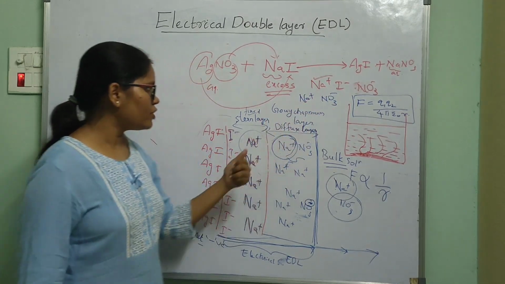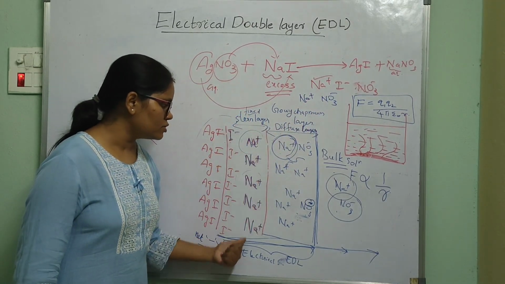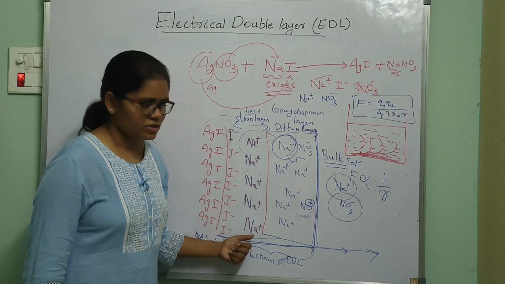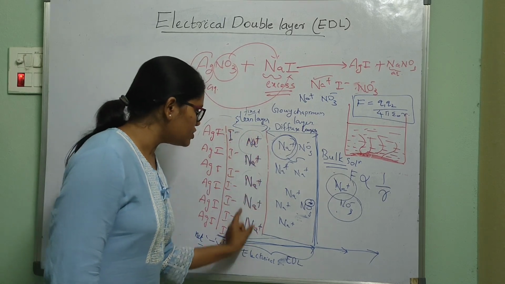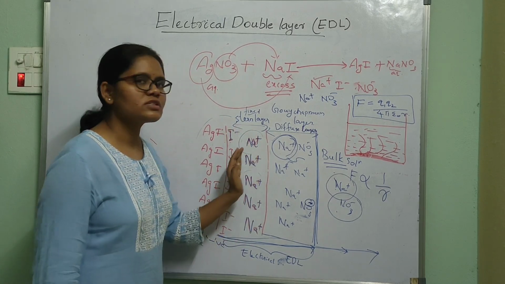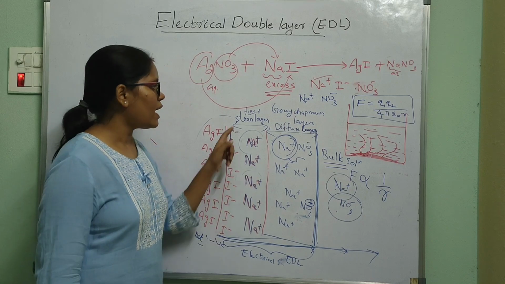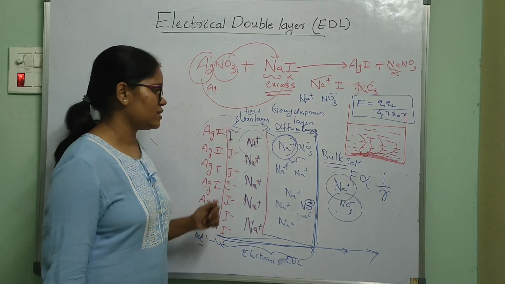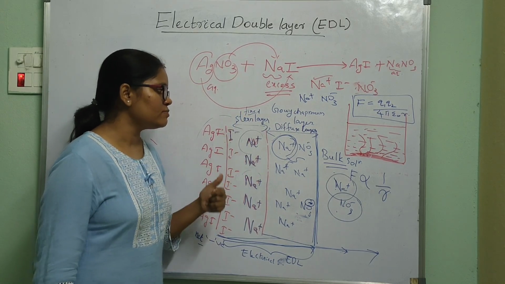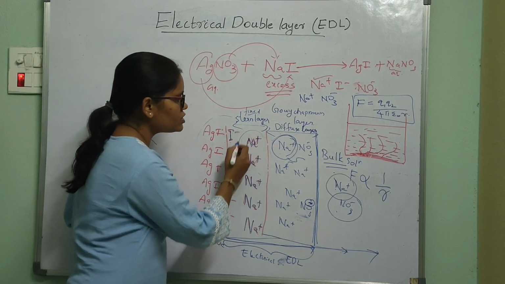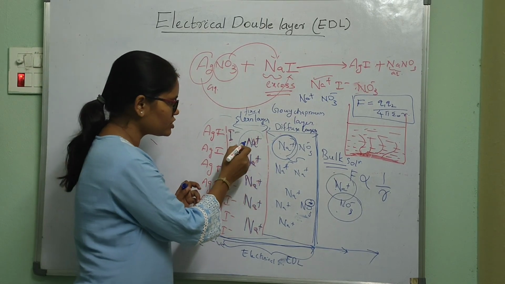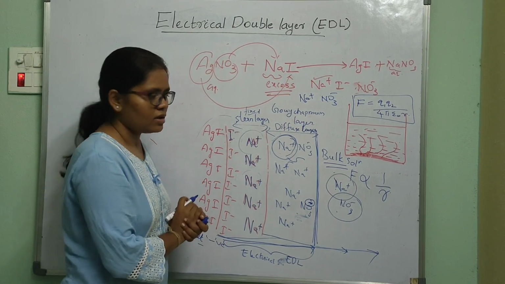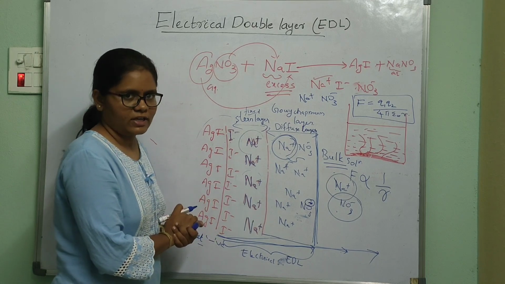Sodium ions. So it will attract sodium ions near its surface. So there will be a layer of sodium ions near the surface of the colloidal particles, and that layer is called the Stern layer. This layer is fixed because the motion of the sodium ions is restricted by the attractive interactions of the negatively charged colloidal particle.